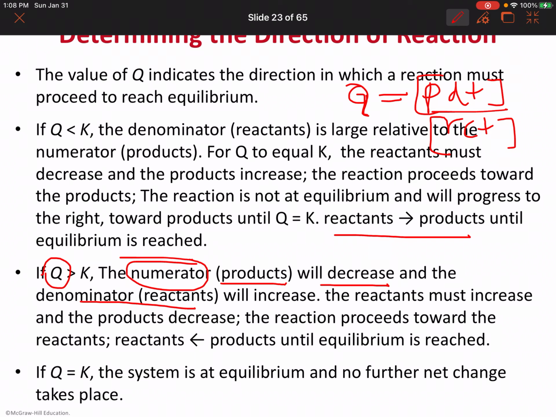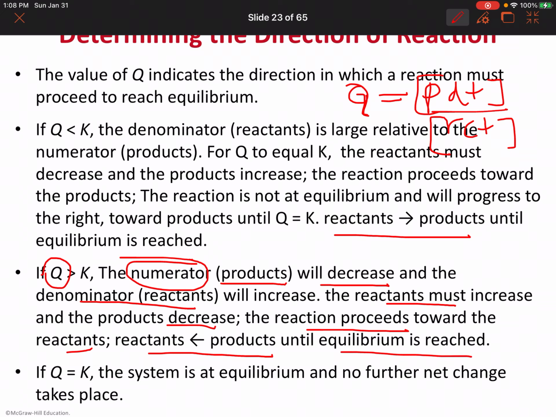So how can we make the reactants increase? By going from products to reactants, by reversing the reaction, right? So the reactants must increase and the products decrease. The reaction proceeds towards the reactants. So the products will be used up to make more reactants until equilibrium is reached.